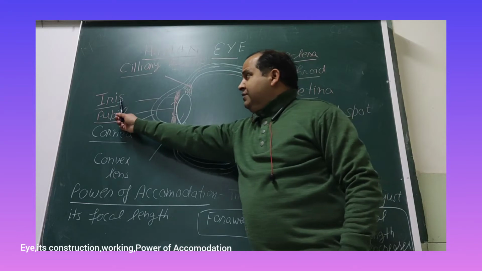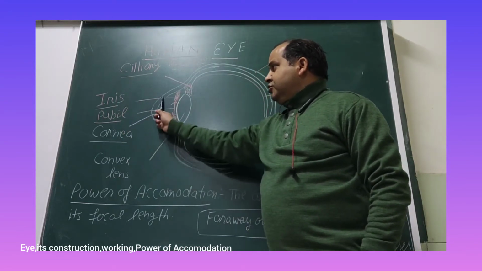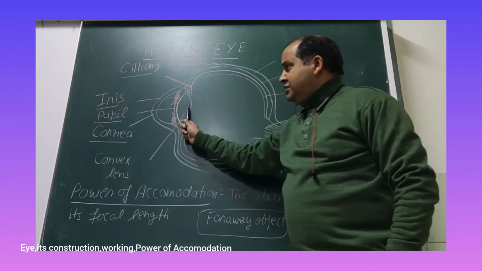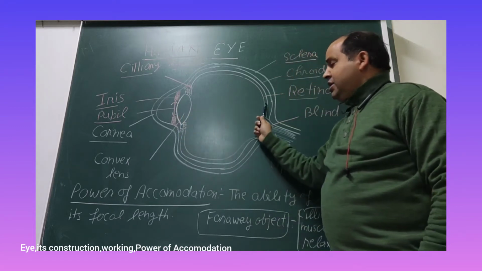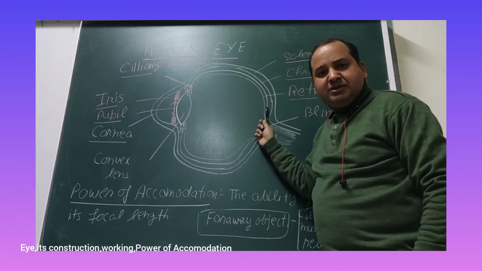Now when bright light enters through the cornea, then it enters through the pupil. Then this convex lens allows the light rays to meet on the retina. When they meet on the retina, image formation takes place.